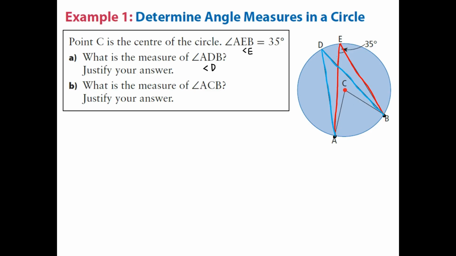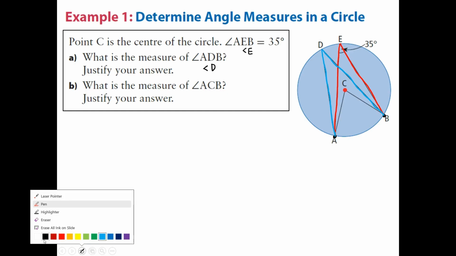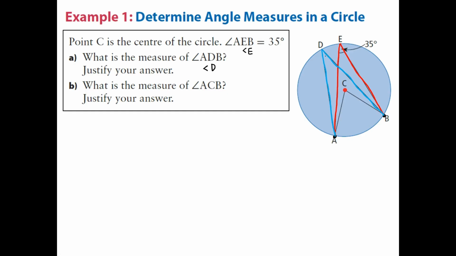So that means if angle AEB, angle E, is 35, that means angle D must also be equal to 35 degrees. So that's pretty much it. My angle here would be 35 degrees.